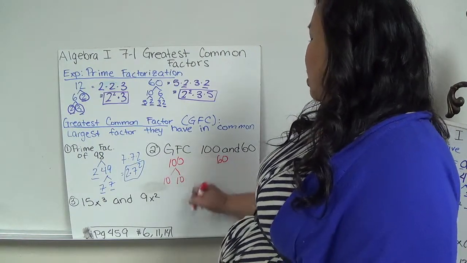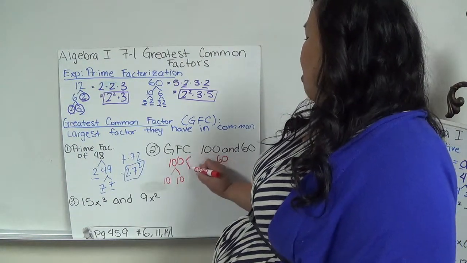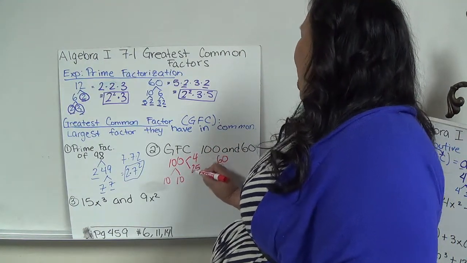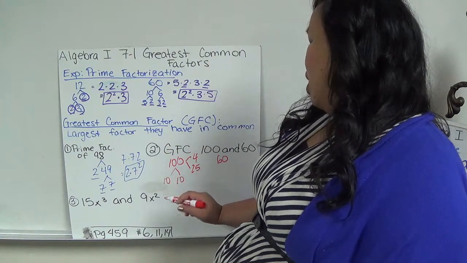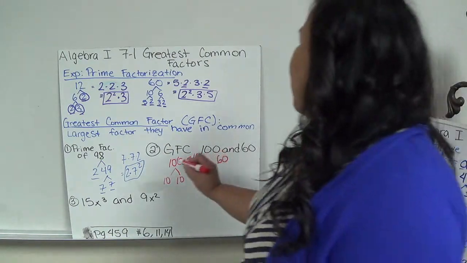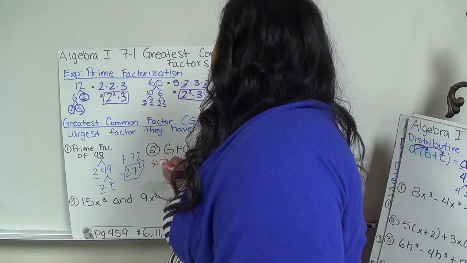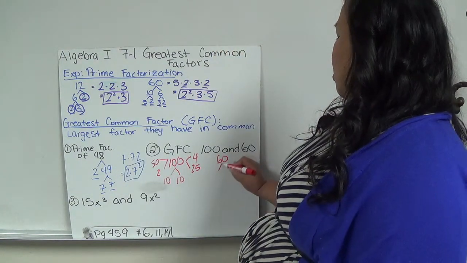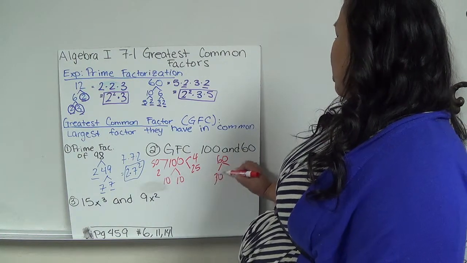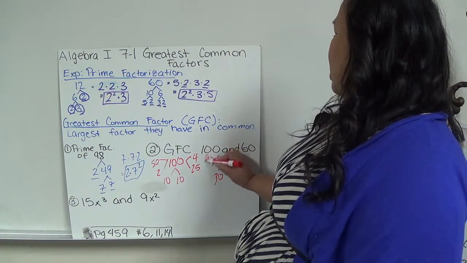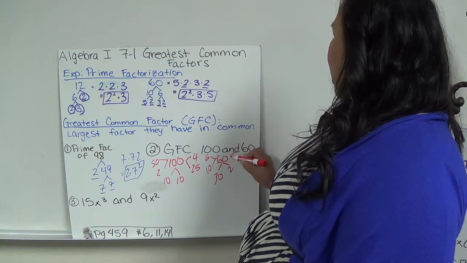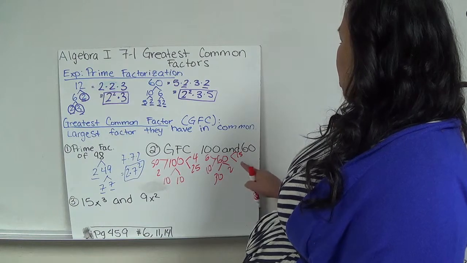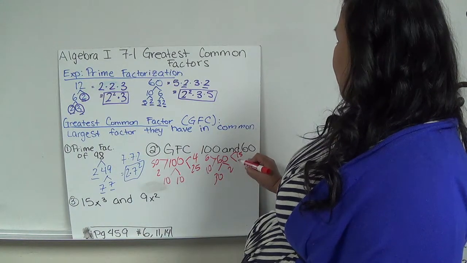For 100, I have 10 times 10. I have 100 times 1, but I didn't put that in. I can do 4 times 25, and 50 times 2. For 60, I can do 30 times 2, 6 times 10, and 15 times 4.